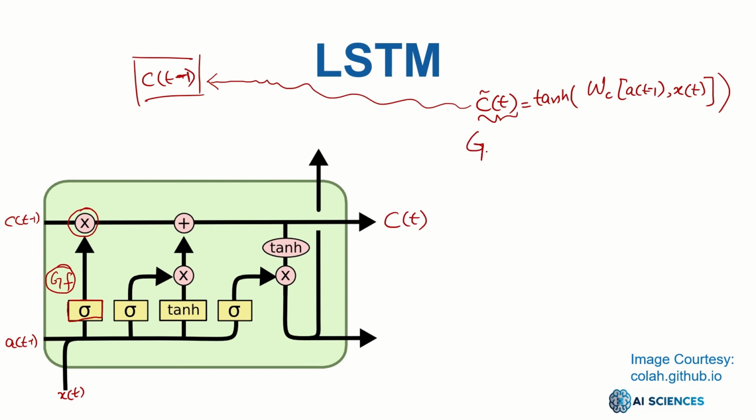So let me define the value of the update gate, sometimes known as the input gate or update gate. It is basically defined as the sigmoid of its own learnable parameters, the previous activations, and the current input. Again, I'm assuming the biases are handled inside the weights.